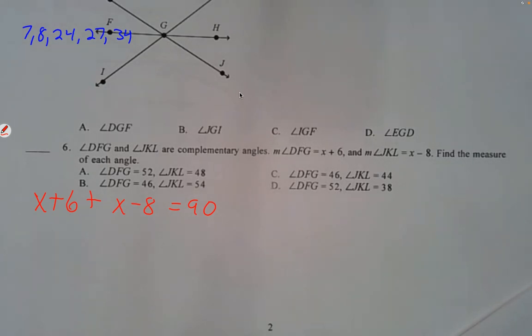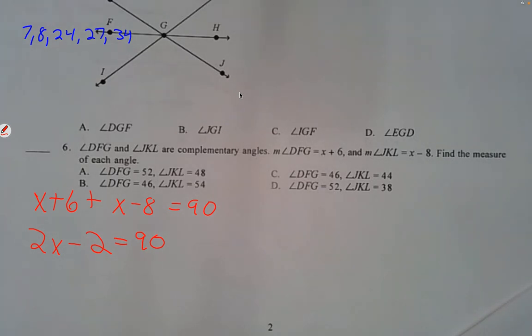Combine like terms. What's 1x plus another x? 2x. And what is 6 minus 8? Negative 2. So I'm going to put minus 2 equals 90. Now that we've combined like terms, what happened? I just combined like terms. So x and x, 2 of them, and 6 minus 8, negative 2.